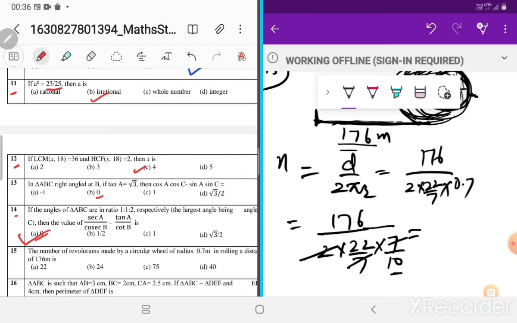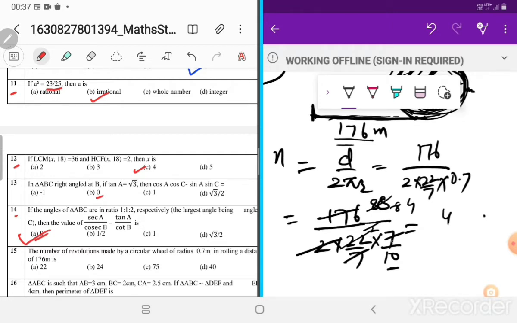So now we can cut this: 2 8s are 16, 2 8s are 16. Now we can cancel it with 11. 11 2s are 22, and 2 4s are 8, or you can cancel 22 4s are also 88. This 10 is under 7, so we can't put this 0 upon 4.